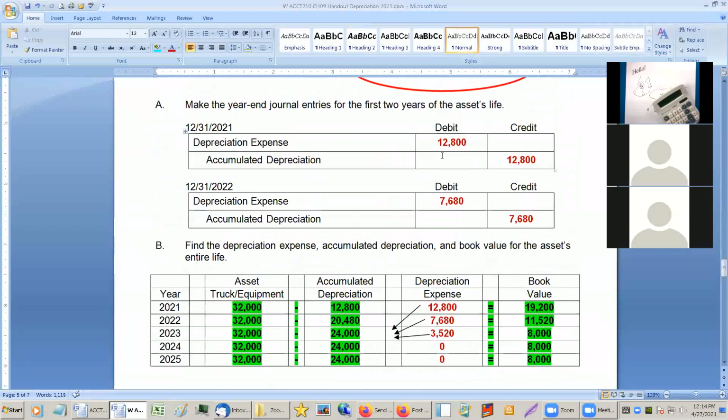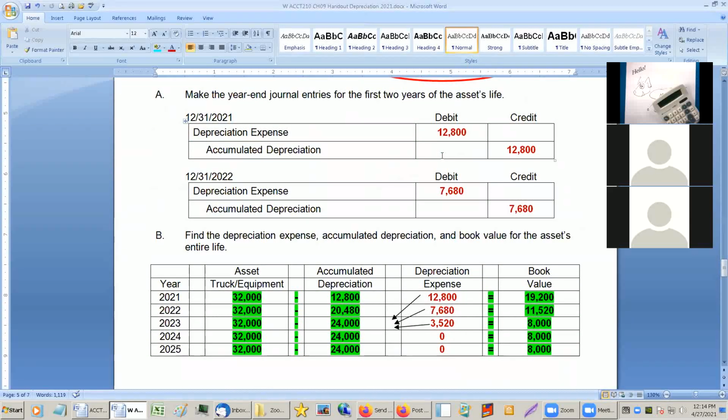Again, it's kooky, but it actually does what we want it to do. It depreciates more early on. And yeah, it's kind of kooky.